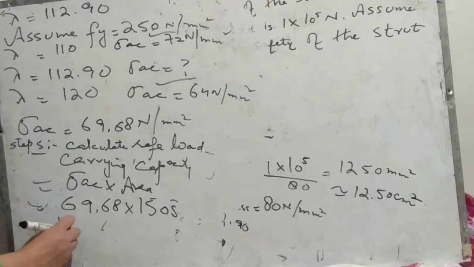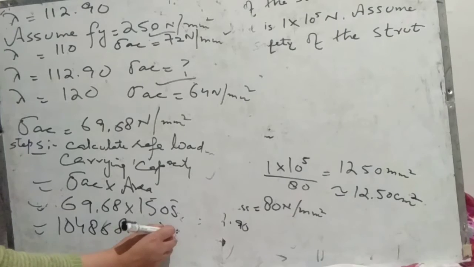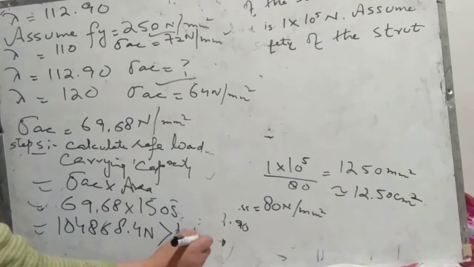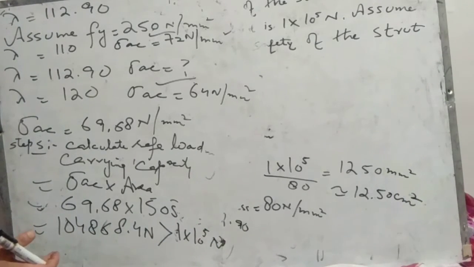That will come out as 104,868.4 Newton. That is greater than the applied load. The applied load was 1 into 10 raised to the power 5 Newton. When your calculated safe load is greater than the applied load, that means your structure is safe. If the applied load is greater and the safe load carrying capacity is less, your structure is unsafe and is going to collapse.